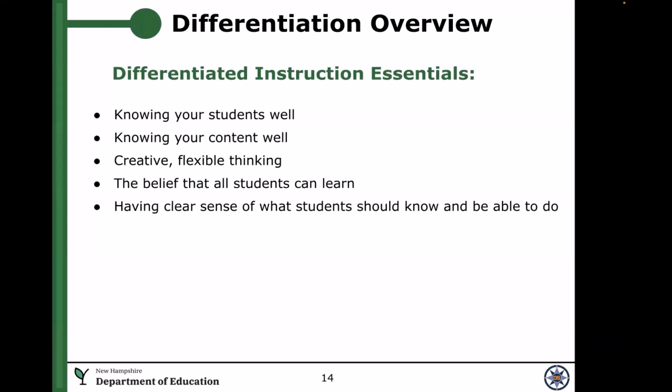So we want to know, what are those standards that we're having students really be able to master? What are those targets that we need for students? Even if we have a program, what is the overall arching goal of what a particular unit or a particular class is, so that we can make sure we know what students need to do along the way?